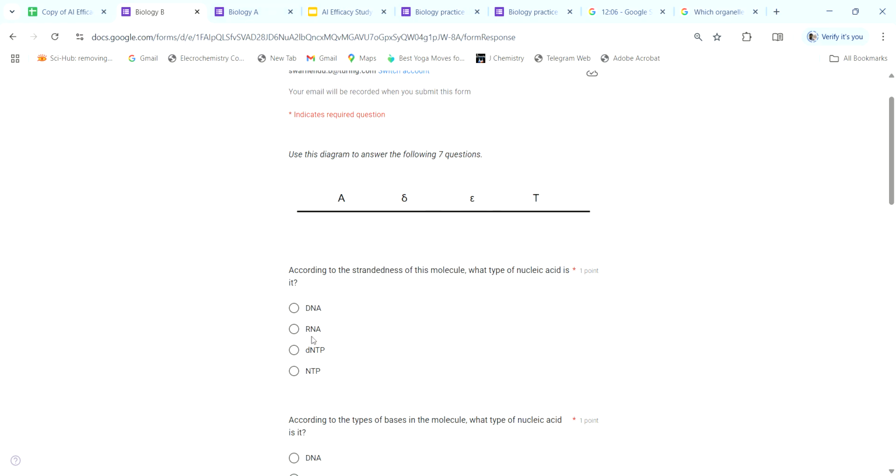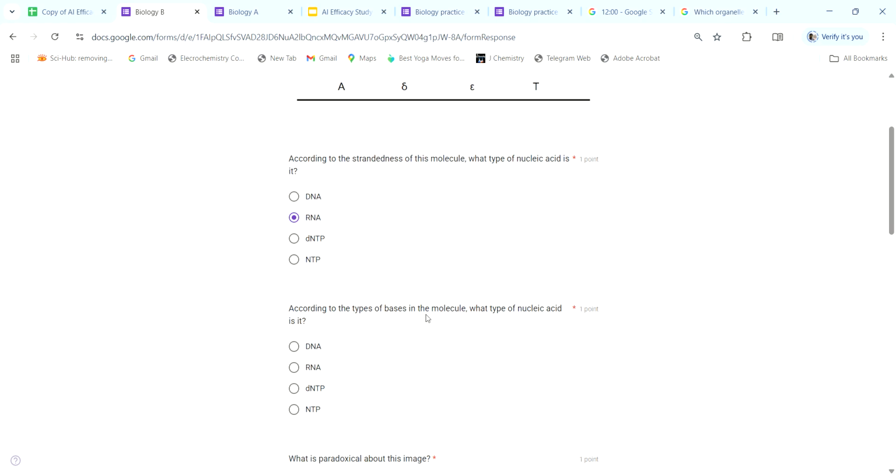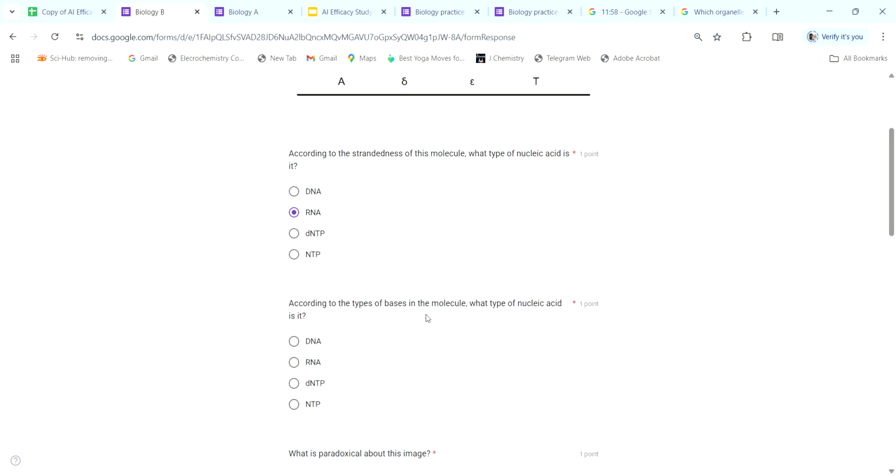So I will go for RNA. According to the types of bases in the molecule, what type of nucleic acid is it? DNA, RNA, dNTP, NTP. If there are adenine and thymine bases, it should be DNA.